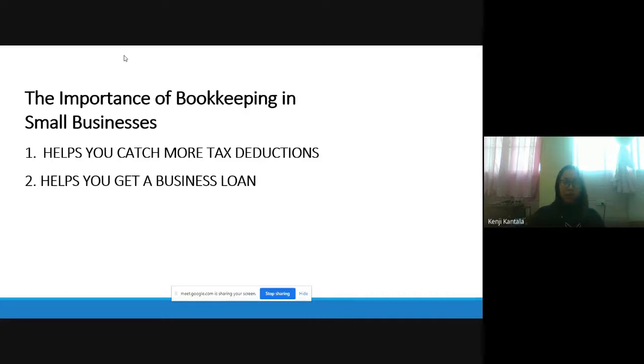Number two, it helps you get a business loan. You are probably aware that when you apply for a loan, even a personal loan, you need to show different papers that support your claim that you can pay your loans. It is the same with business loans. You need to provide documents that would prove that you can pay your business loans later on.